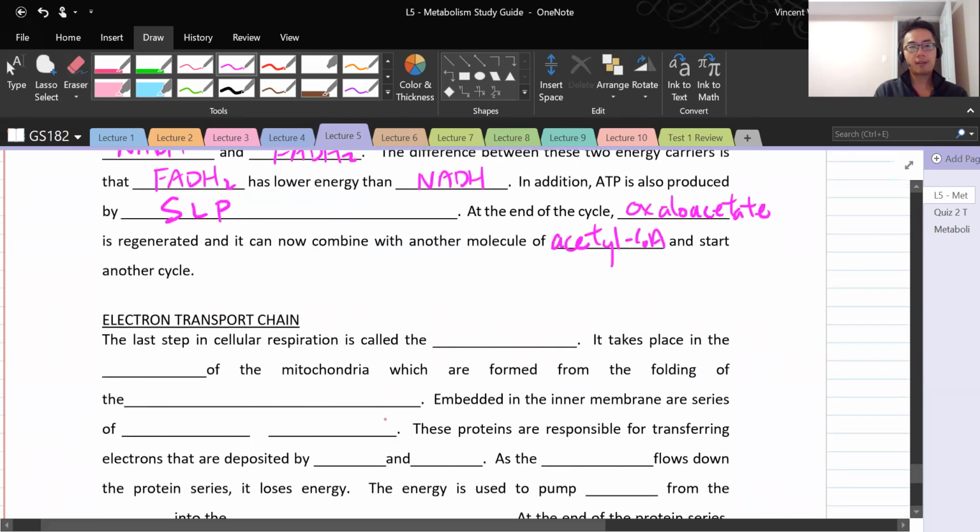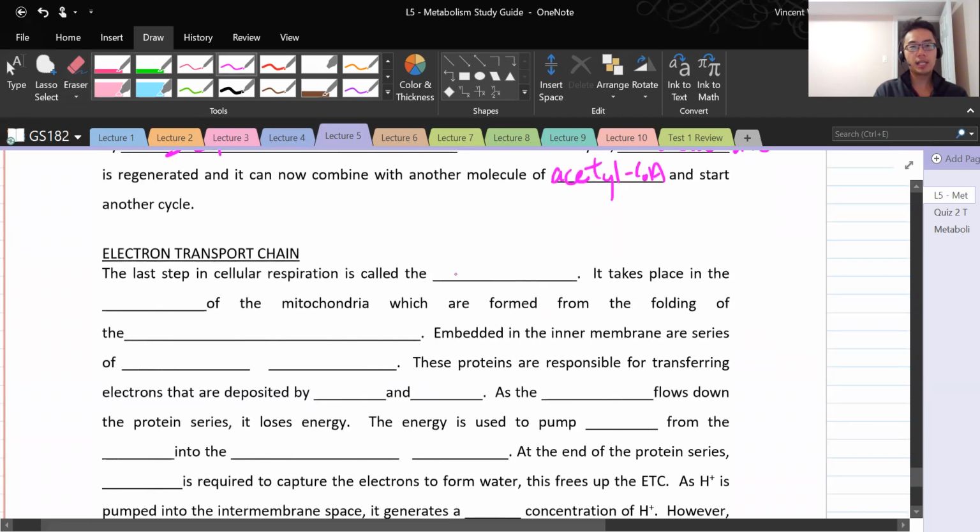Last but not least, we have the electron transport chain. The last step in cellular respiration is called the ETC. It takes place in the matrix of the mitochondria. Oh, sorry, not the matrix, the cristae. The cristae of the mitochondria, which are formed from the folding of the inner membrane.